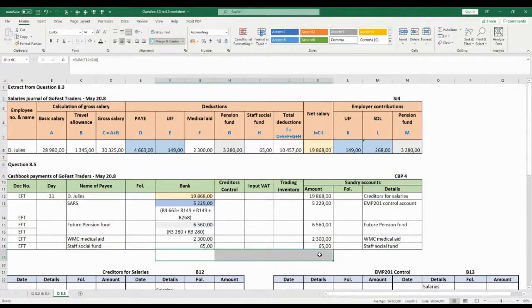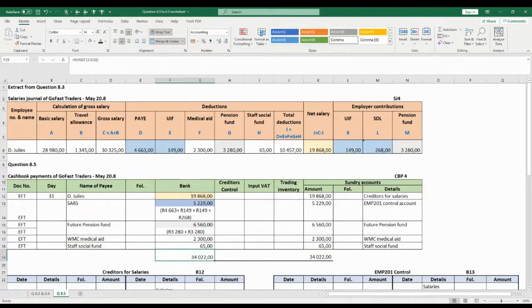Now, normally we would have a full month's worth of entries, so we would add the bank account and the sundry account balances. This part here is only for illustrative purposes. We won't necessarily ask that in the question, but I just want to show you how the bank component of it is recorded as well.